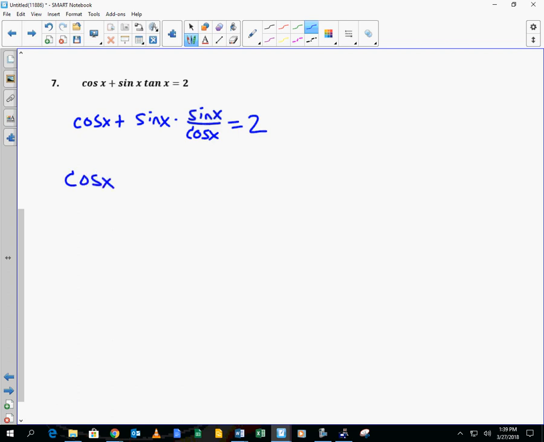Okay, so cosine of x plus sine squared of x over cosine of x is equal to 2. Is that what you want? Oh, so you put that over 1 and you multiply the top and bottom by cosine? Okay, we can do that.